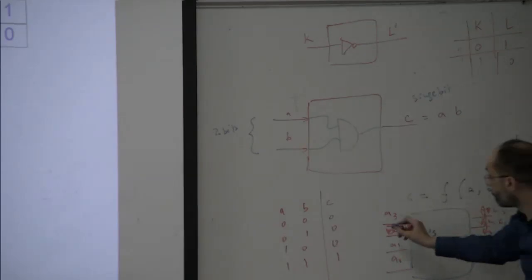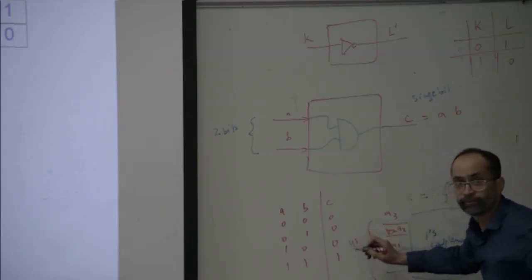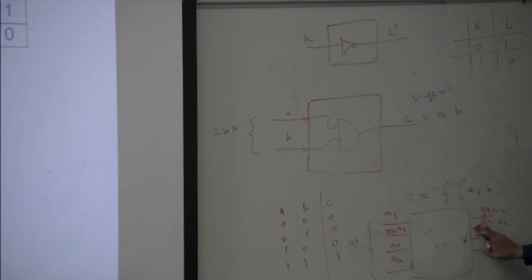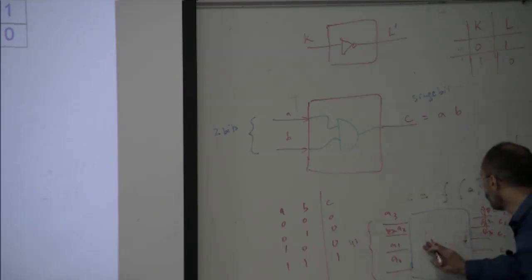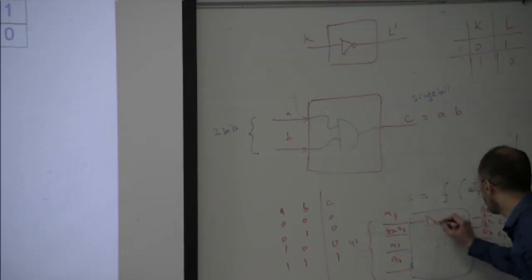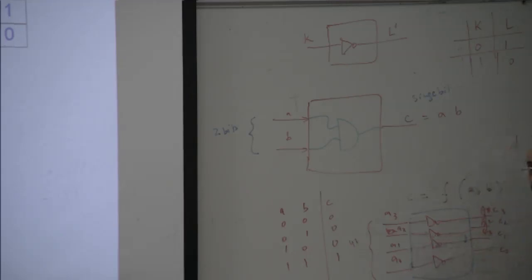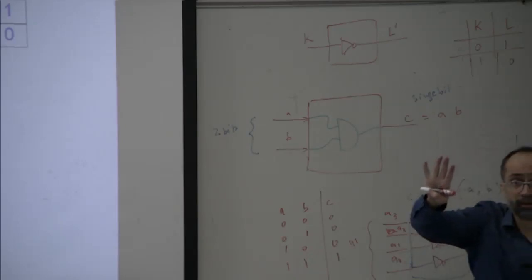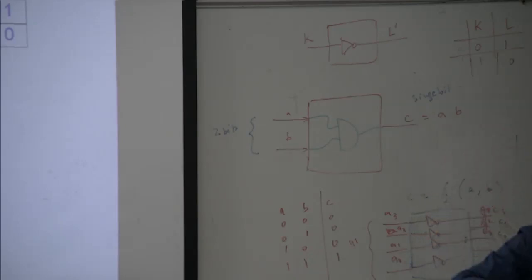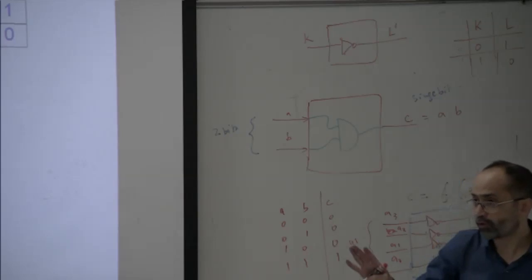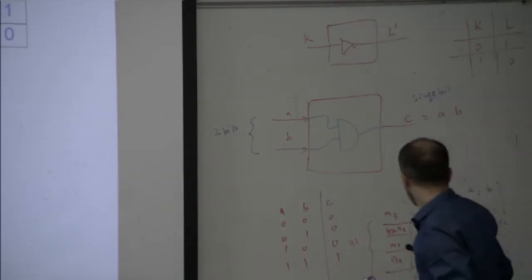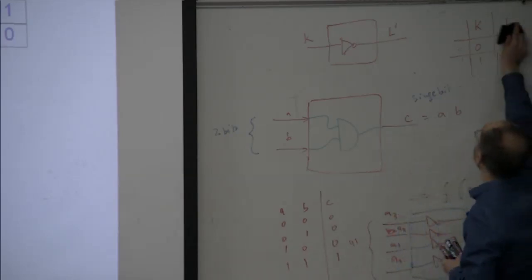This is a 4-bit number, and the output is also a 4-bit number. So if we use one inverter, second inverter, third inverter, and fourth inverter to find the ones complement of a 4-bit number, how many inverters do we need? 4.